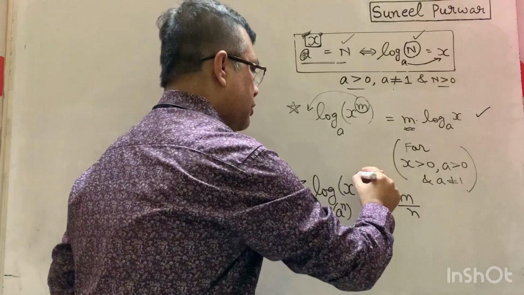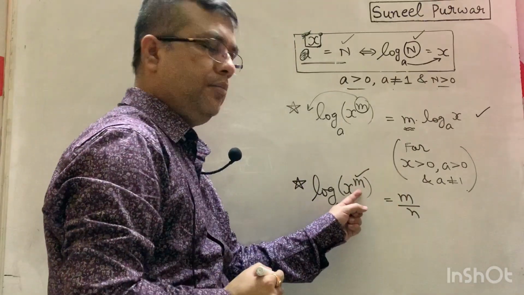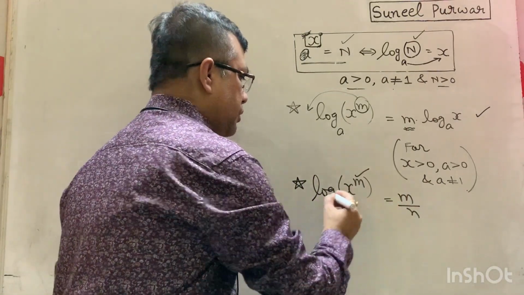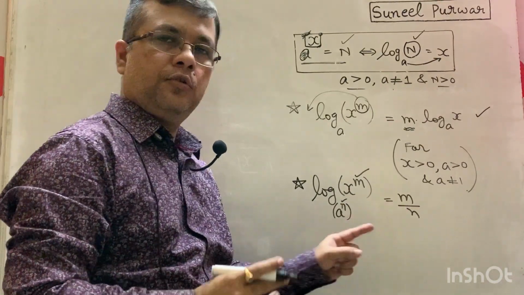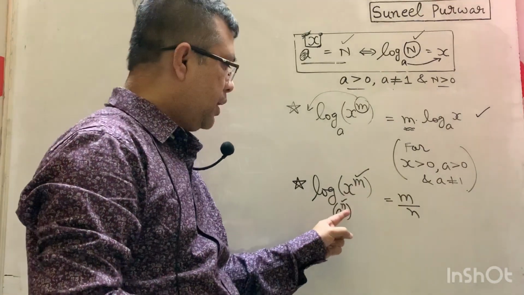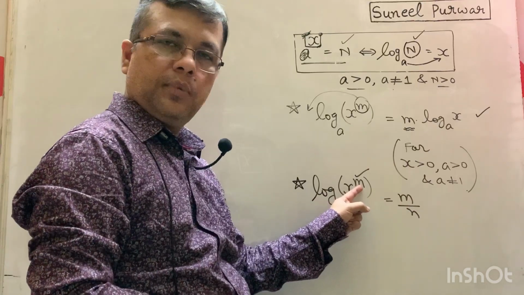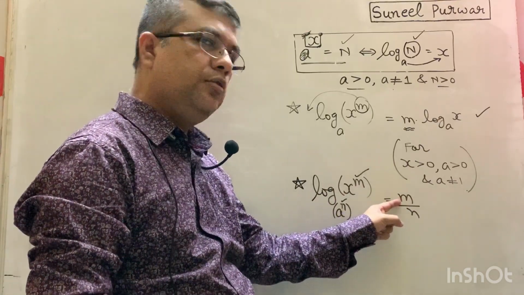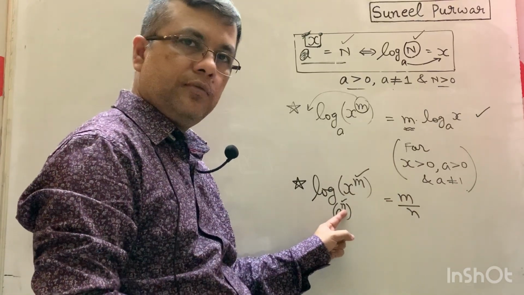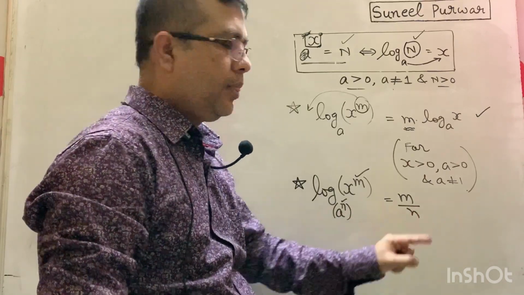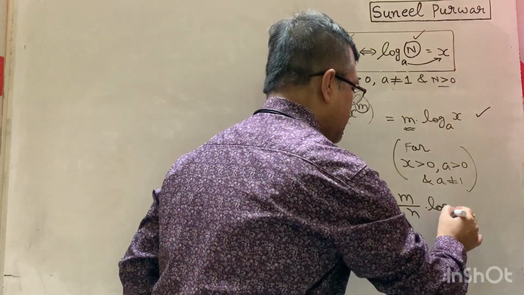What is the exponent over here? m, and the exponent over here is n. So first you write the ratio of those two exponents, m by n. The exponent at the top goes in the numerator, and the exponent in the base goes in the denominator, into log of.